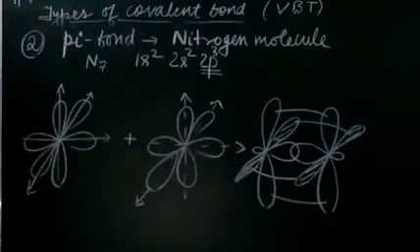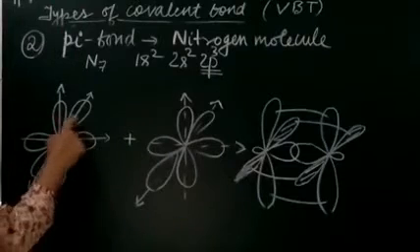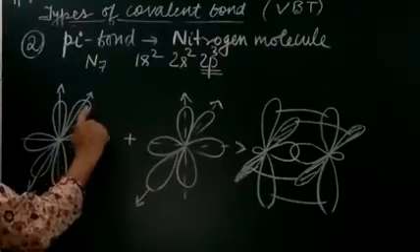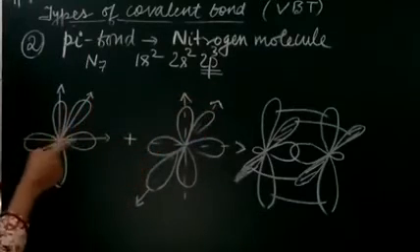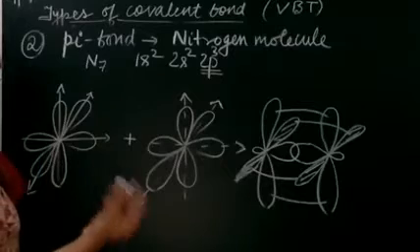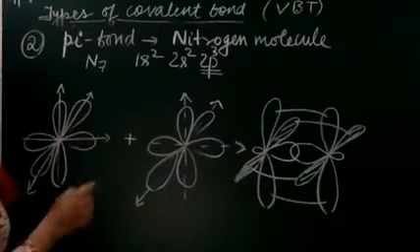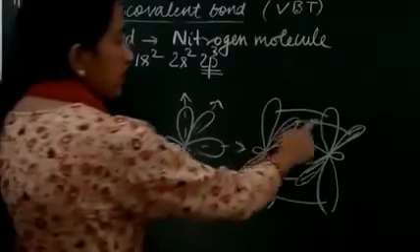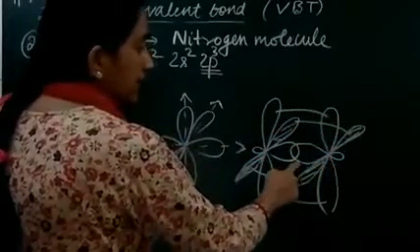So you will see that the lobes along the axis are going to overlap. It will not be that the y-axis overlaps with the z-axis. It will be x to x or z to z, right, students? So this is the pi bond which is formed here, and this is a sigma bond.